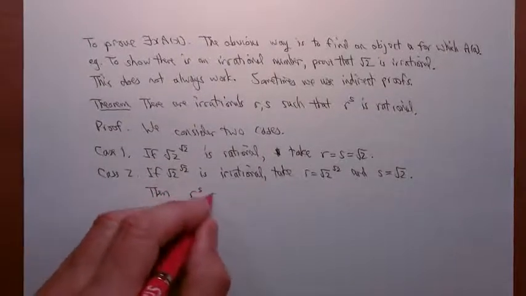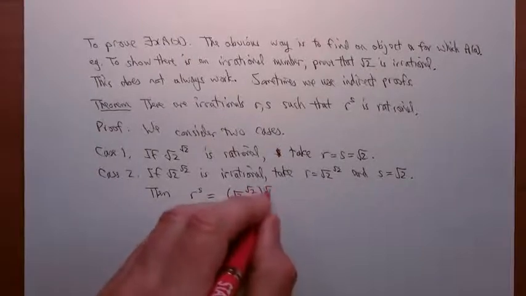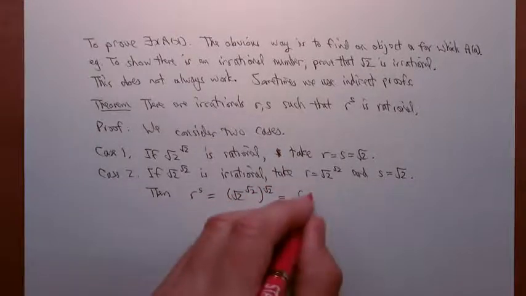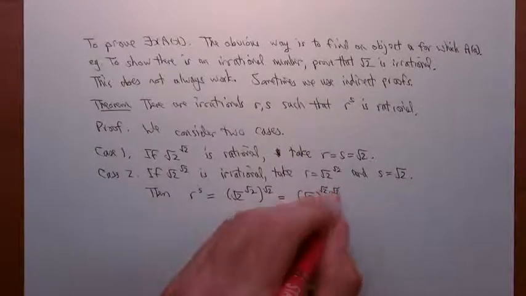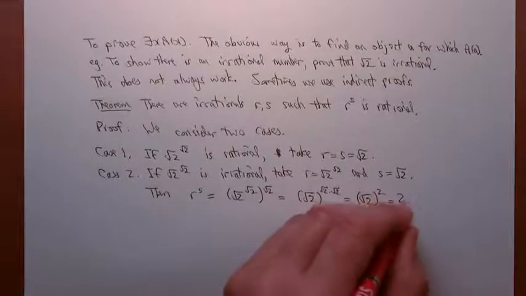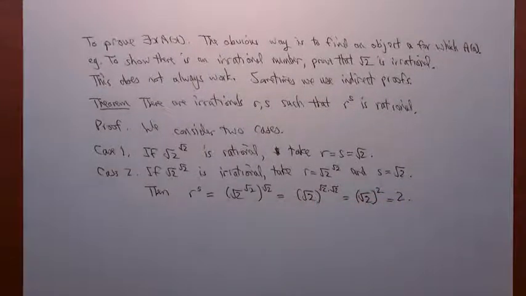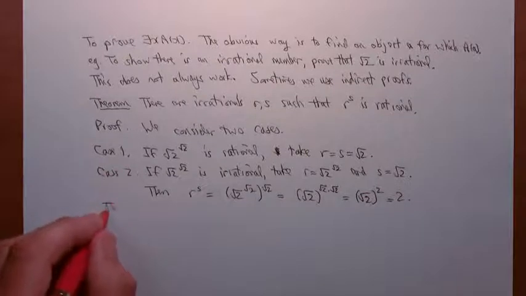Then r to the power s is root 2 to the root 2 all to the root 2, which by the way that exponents work is root 2 to the power root 2 times root 2, which is root 2 squared, which is 2. And 2 is rational. So again, we've proved that there are irrationals r and s such that r to the power s is rational. Taken together, case 1 and case 2 prove the theorem.